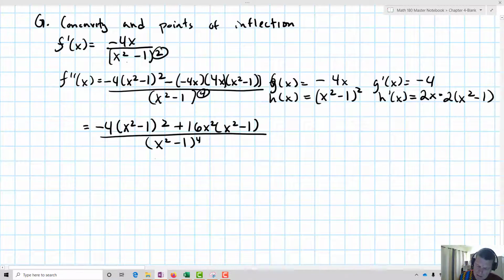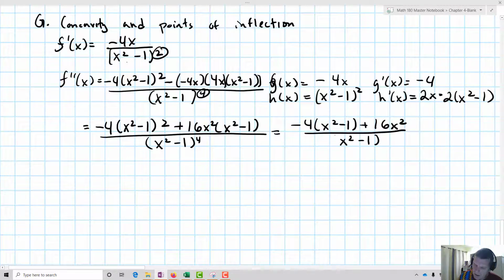Consequently, I'm going to be able to factor out an x squared minus 1. So I'm going to get negative 4 times x squared minus 1, plus 16x squared, all over x squared minus 1 to the 3rd, because we factored out one of our x squared minus 1 factors; the 4 becomes a 3.